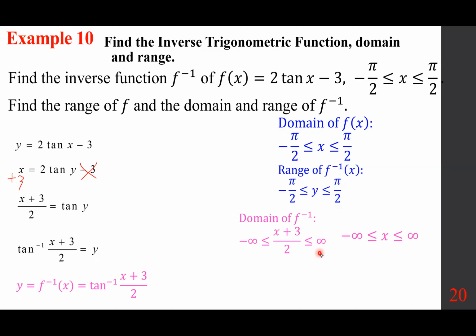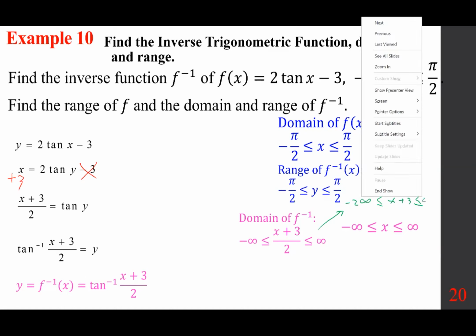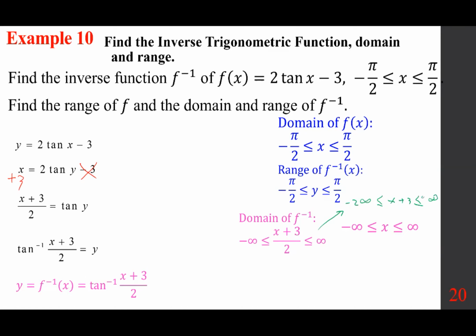If you want, I can show you quickly. If I multiply by 2, I get minus 2 infinity less than or equal to x plus 3 less than or equal to 2 infinity. And if I subtract 3, it really makes no difference.